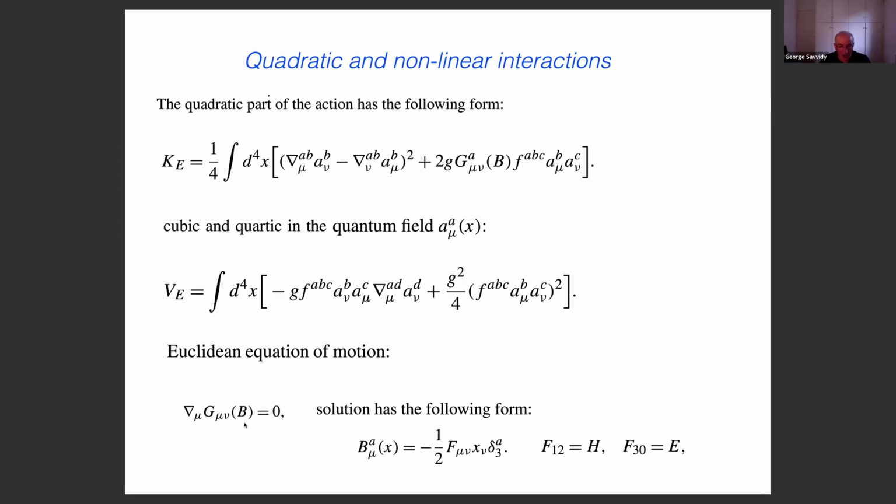So the solutions which we are looking for is just a covariantly constant field. This is F mu nu, X nu, and it is in some color direction. And one can always choose that F1,2 is the magnetic field and 3,0 is the electric field, but it is a Euclidean electric field.